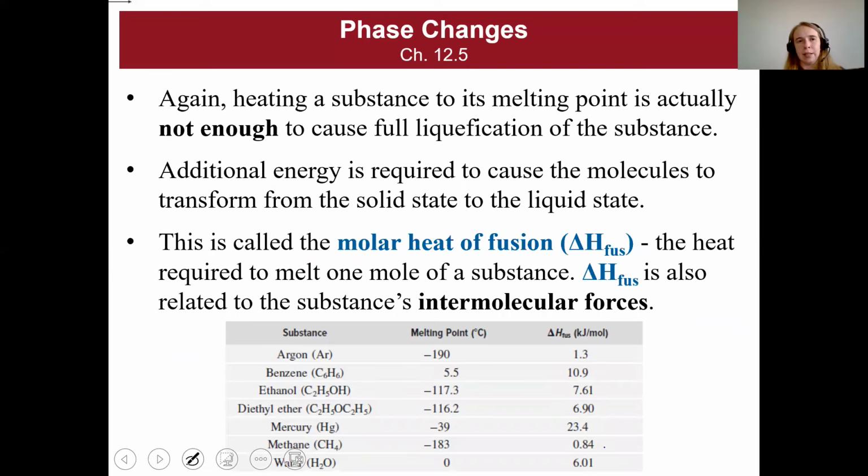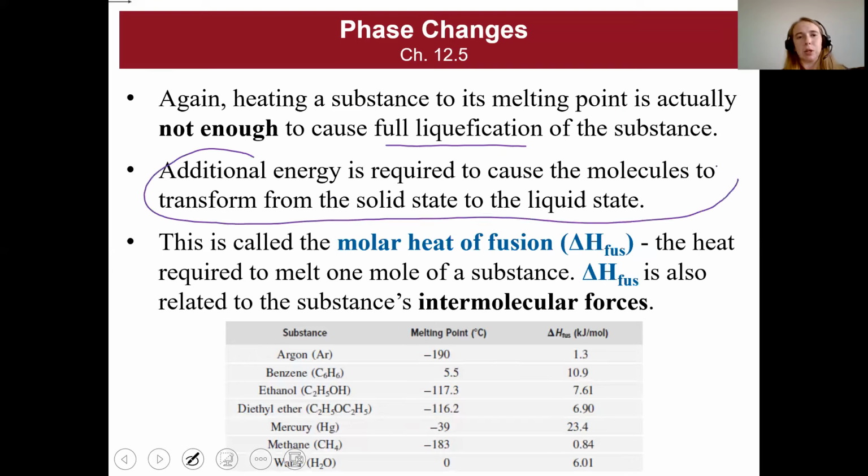So once again, very similar to what we had with vaporization, heating a substance is not enough to cause full liquefaction of the substance at its melting point. We need additional energy to cause the molecules to transform from solid to liquid. And this additional energy is the molar heat or molar enthalpy of fusion, the heat required to melt 1 mole of a substance.